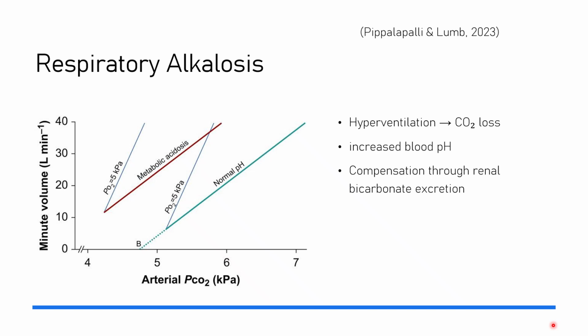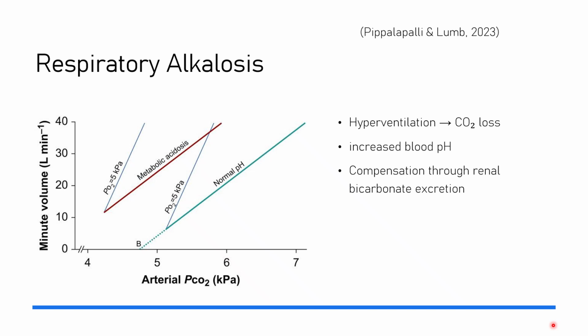The condition can frequently occur in response to hypoxemia, such as at high altitude, anxiety-induced hyperventilation, or acute pain. People breathe deeply and quickly in this situation, which lowers their carbon dioxide levels below normal.